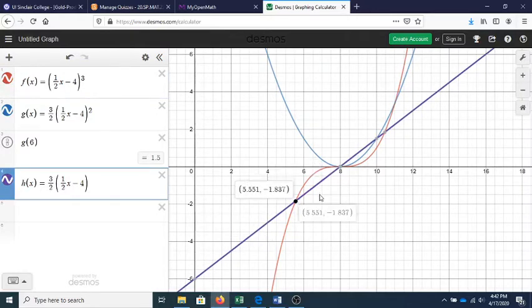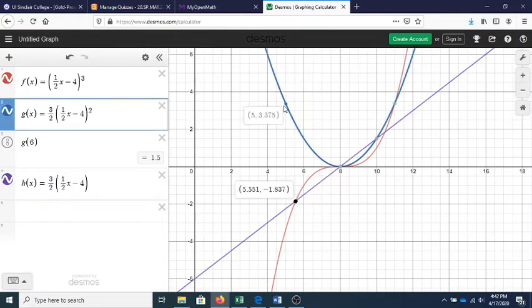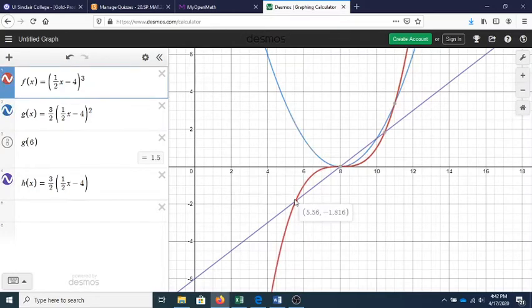Everywhere that my second derivative is negative, my first derivative is decreasing. Okay, and if my first derivative is decreasing, that means that my slope is leveling off on the original curve. And that leveling off of the slope is what gives it the concave down behavior.